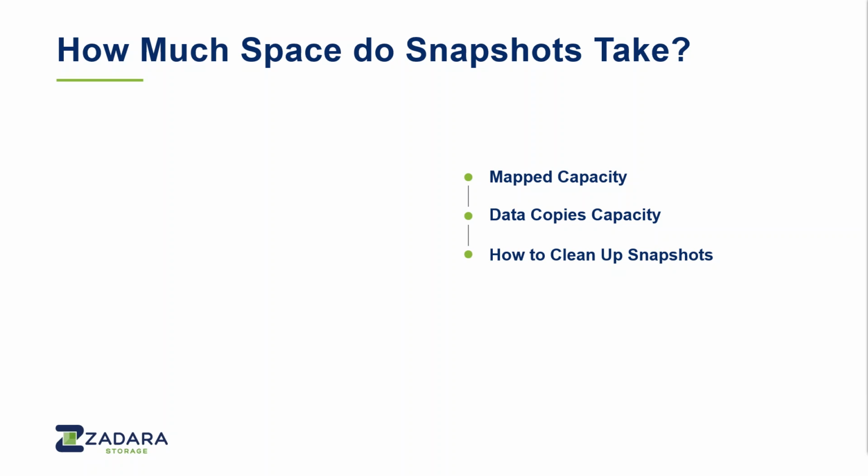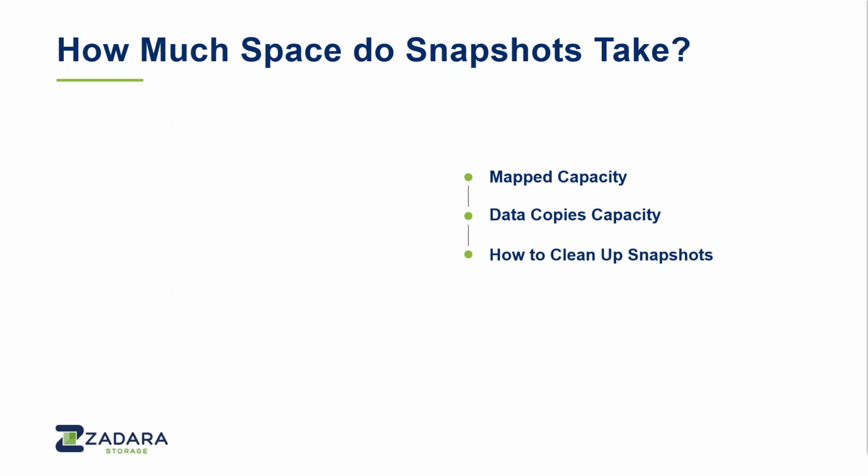The pool keeps growing in size as you take more and more snapshots. That's just by default, since we take individual copy-on-write type snapshots. But the question is, how much capacity is this taking?